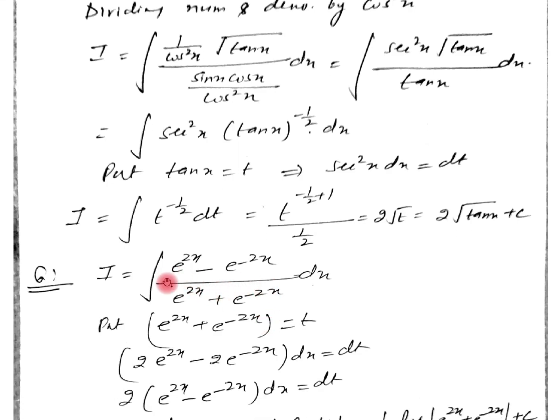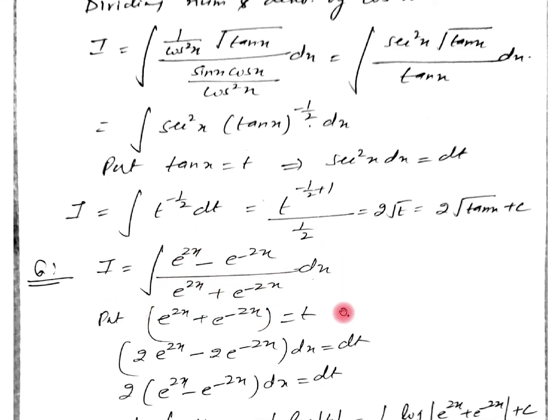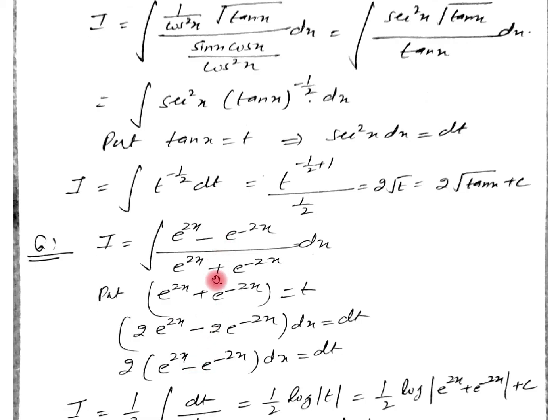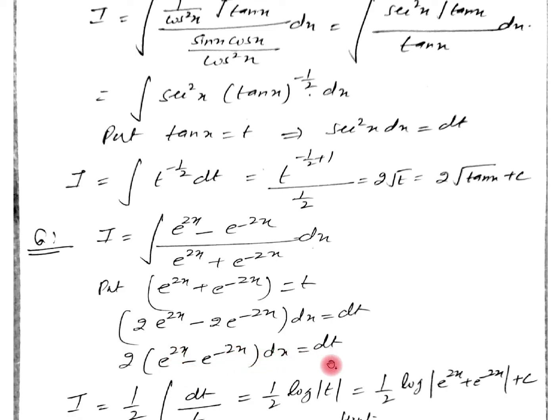Now again in this question, we have to integrate it. Now this is the function and it is its derivative. We can easily see. Now putting e raised to power 2x plus e raised to power minus 2x equal to t, then differentiating, it becomes its derivative. So it means 2 into e raised to power 2x minus e raised to power minus 2x dx equal to dt.